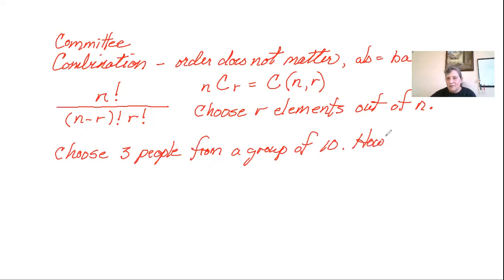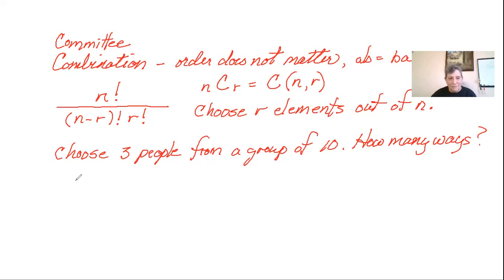How many ways are there to do it? In this case, the 3 people are going to be a committee, not president, vice president, and secretary. So John, Joe, and Sue are the same as Sue, Joe, and John. It's just any 3 people.